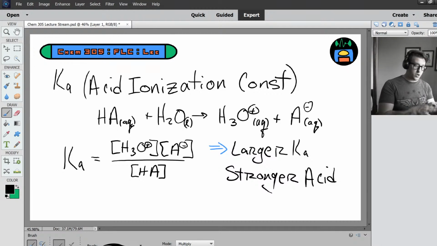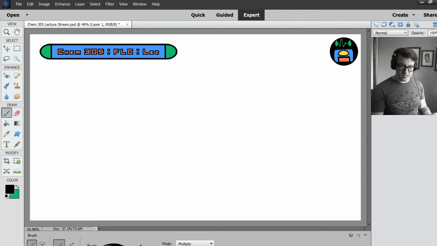No HA left, all hydronium and conjugate base. Weaker acids, it tends to be more of a balance, but the larger our acid ionization constant is, the stronger the acid will be. Now, Ka isn't the only value used to rate acid strength.